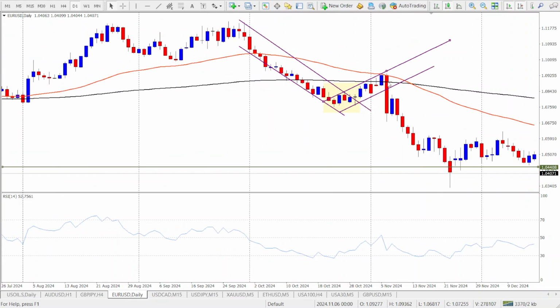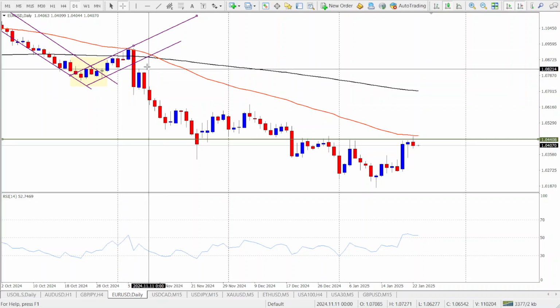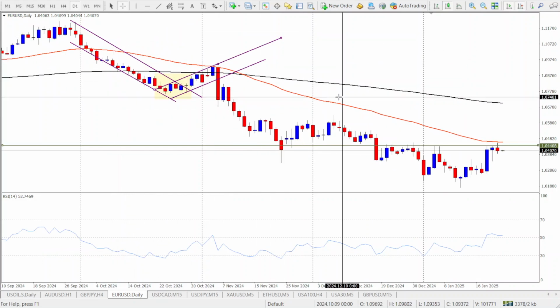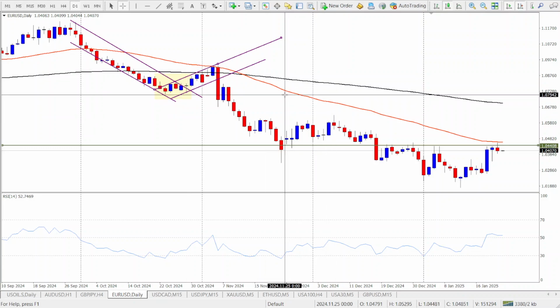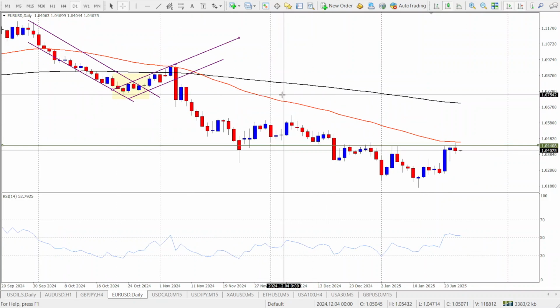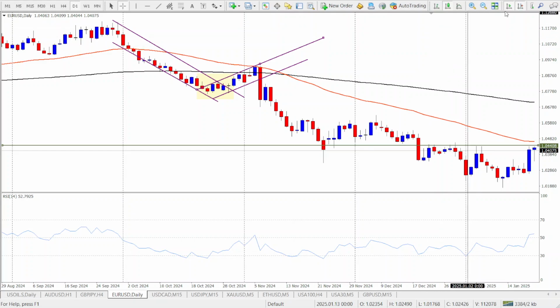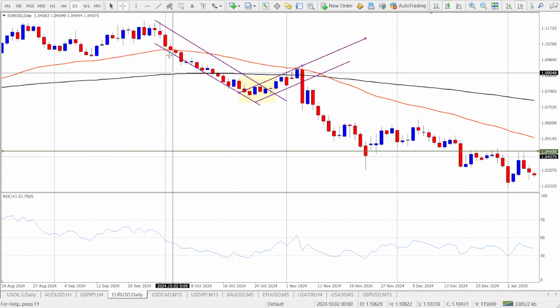For example, here we can see that at the start of April 2024, even the moving average served as a dynamic resistance at that point. We can see that we actually had a breakout to the downside around here.